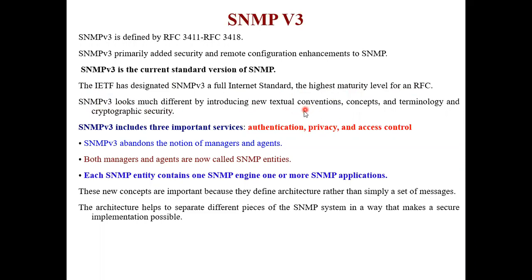We have seen that we have also added textual conventions in version 2. Here more textual conventions are added, concepts are added, terminologies are added, and cryptographic security. So version 3 includes 3 important services: authentication, privacy and access control.